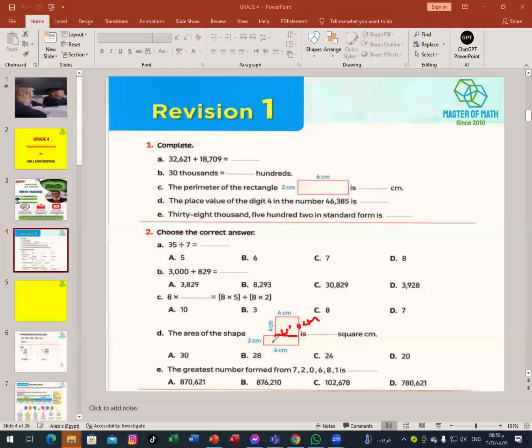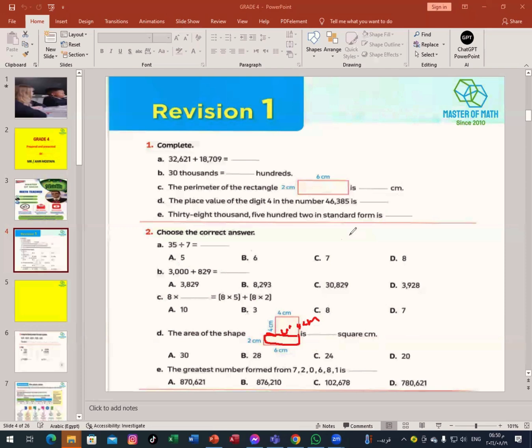And the other shape becomes a rectangle with sides 6 and 2. I will get the area of the square and the area of the rectangle and add them together to get the answer.